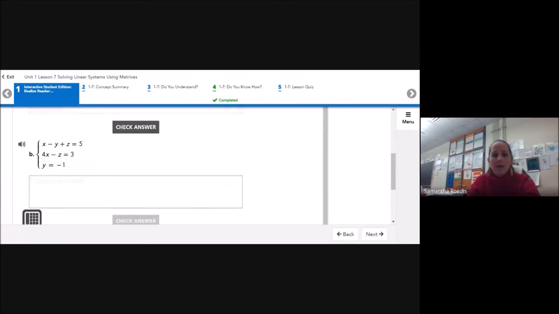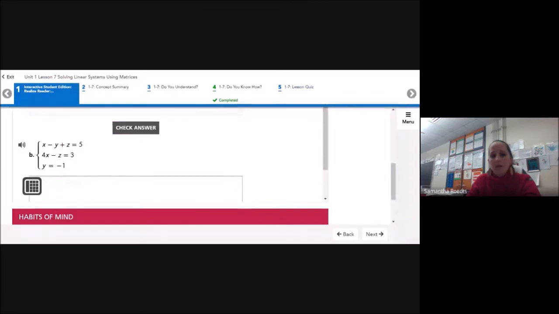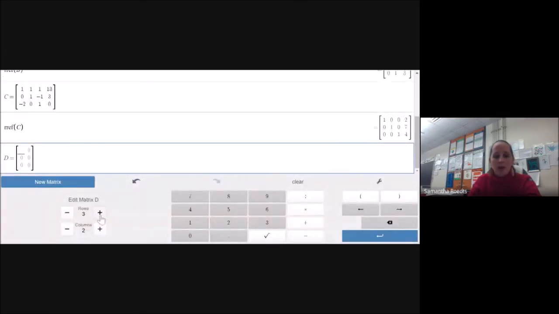Okay. You do the same thing for this one right here. For B, x minus y plus z equals 5. Okay, so I need to add a third row and 2 more columns. So x minus y plus z is 5.